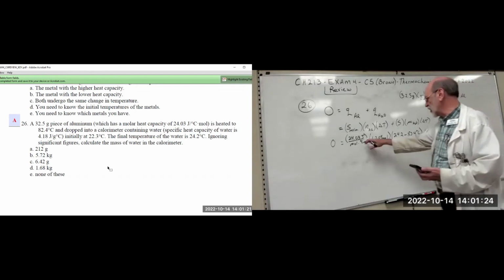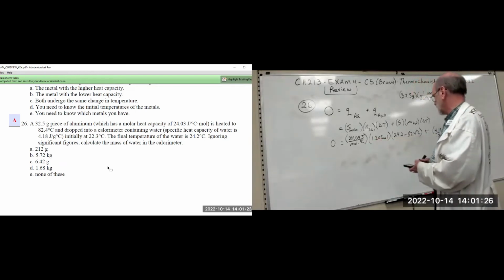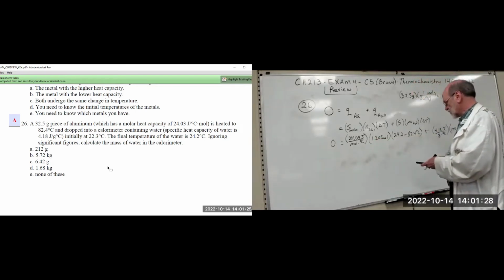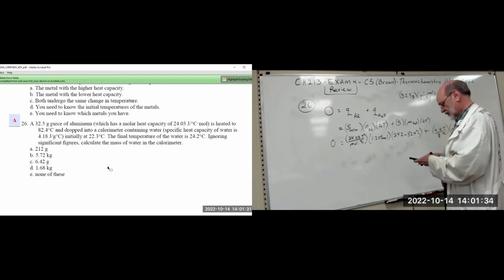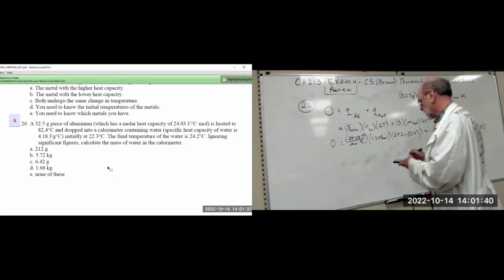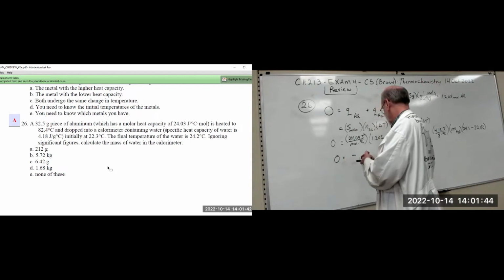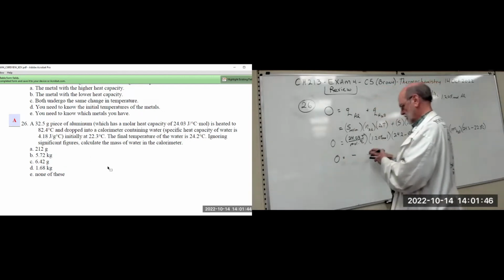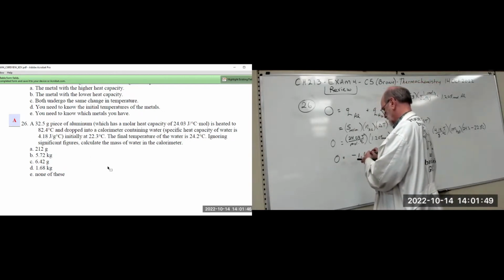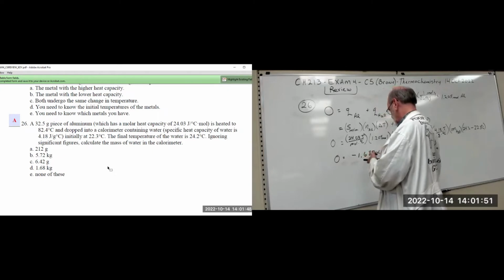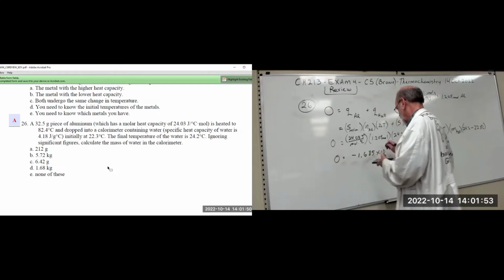So let's take this term and reduce it to one number. 24.2 and 82.4 subtracted from it, times 24.03, and then the moles. So this one is minus, right? That's a minus 1.685 times 10 to the third.